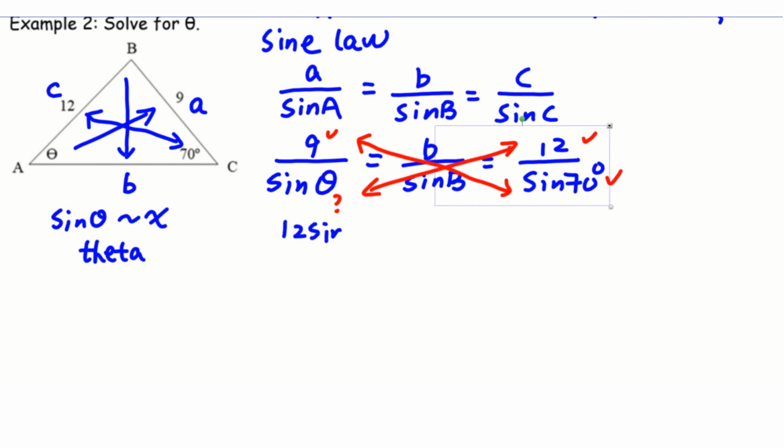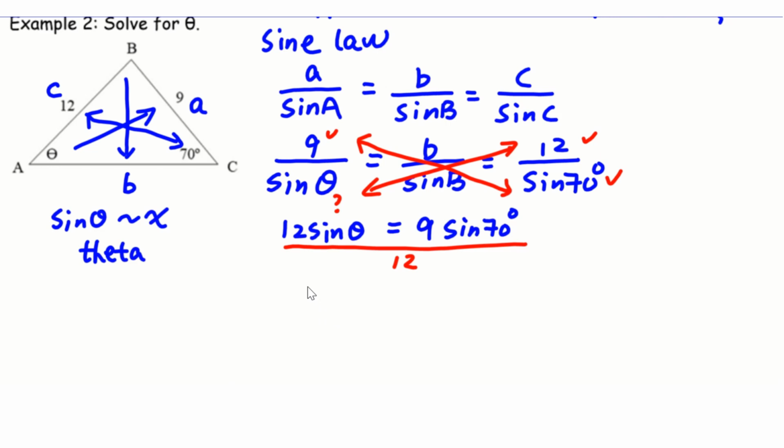So 12 sine theta equals 9 times sine 70 degrees, cross multiply. Then in order to solve for theta, we move the 12 to the other side. Multiplication's opposite is division. Then sine theta equals the calculation, you will have 0.704.